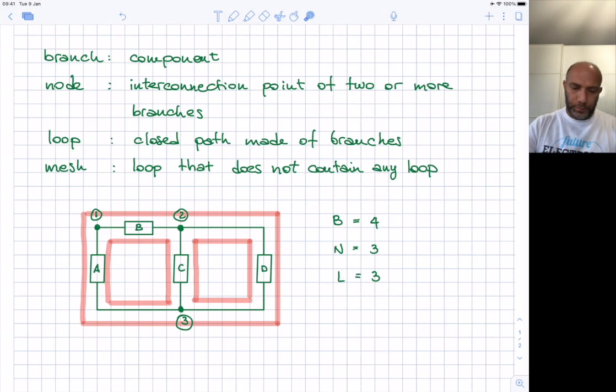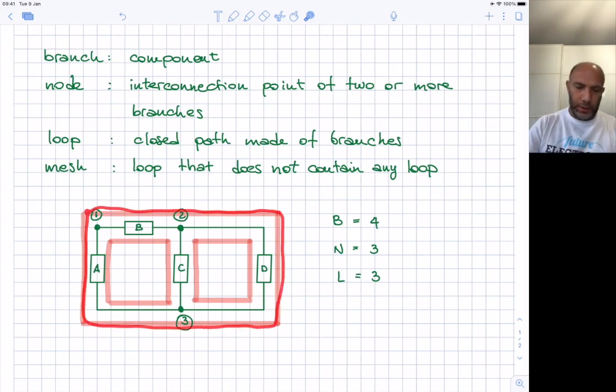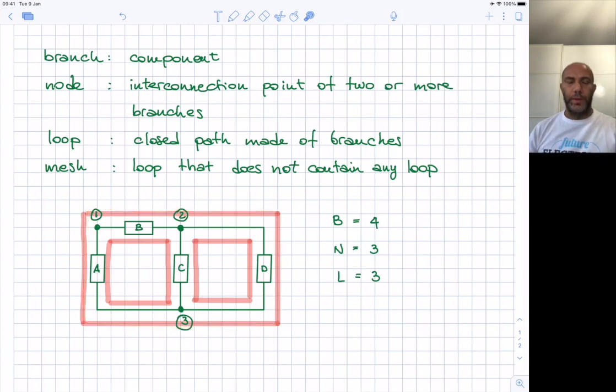While the outer loop made by A, B, and D contains in the middle the component C. So inside the outer loop we may see other inner loops. So the outer loop is not considered as a mesh. So the number of meshes in this circuit is 2. In other words, every mesh is a loop, but not all loops are considered as a mesh.